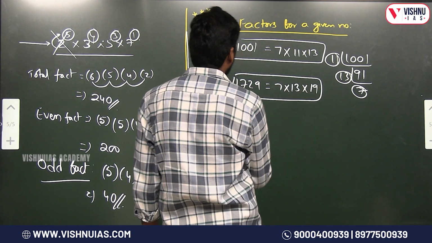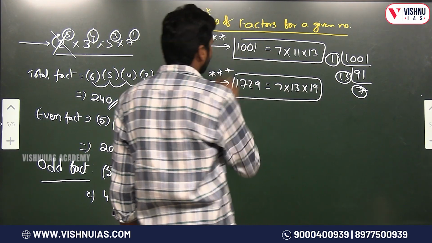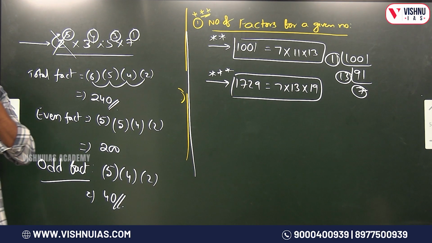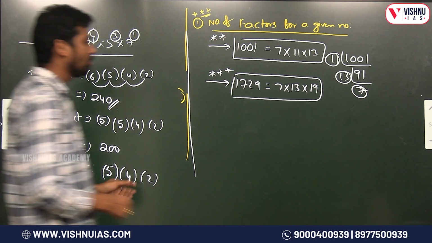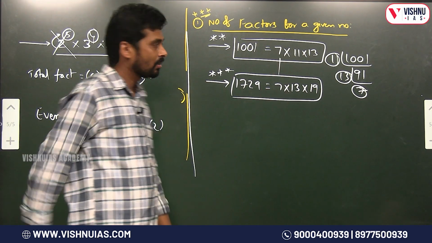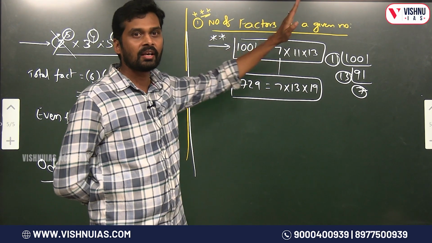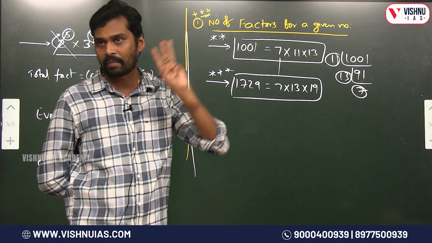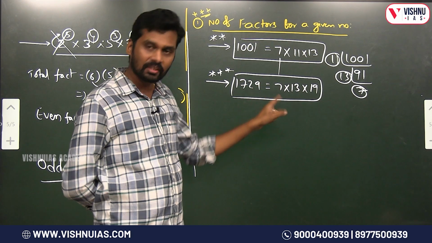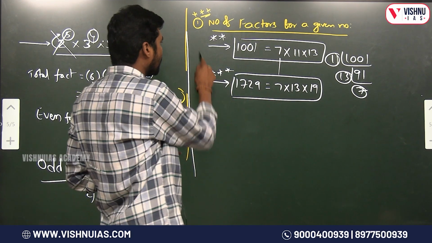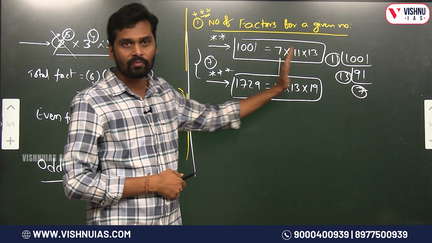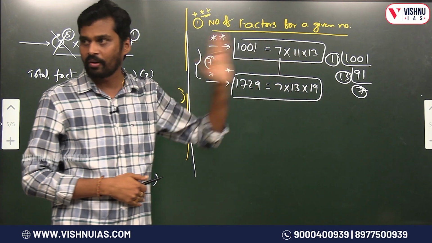You must learn these 2 numbers by heart, because they are very important. For both numbers, 7 is a common prime number. 1001 is a product of 3 consecutive prime numbers, 7 into 11 into 13.